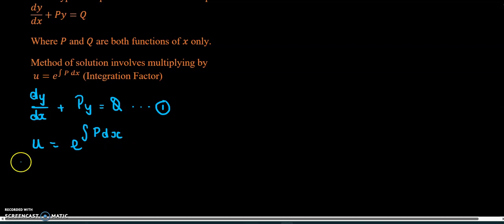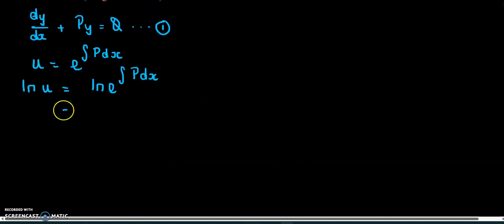Let's take the ln of that. So you're going to get ln of u is equal to ln of e raised to the integral of p dx. And the ln of the exponential is just whatever is the function up there. So it's the integral of p dx is equal to ln of u.